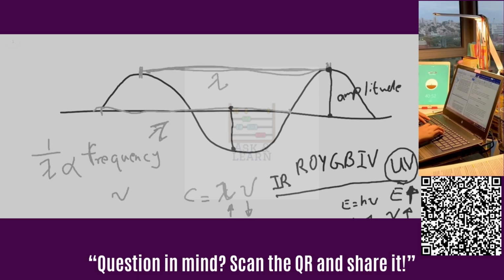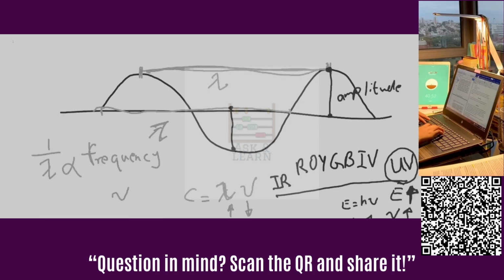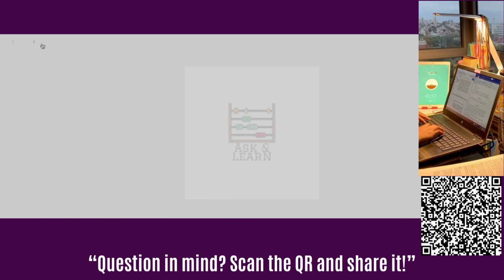Now let's go back and look at our graph. According to our graph, which one has higher intensity? Intensity has to do with amplitude. The bigger the amplitude, the bigger the intensity. So in this case, A will be the correct answer.